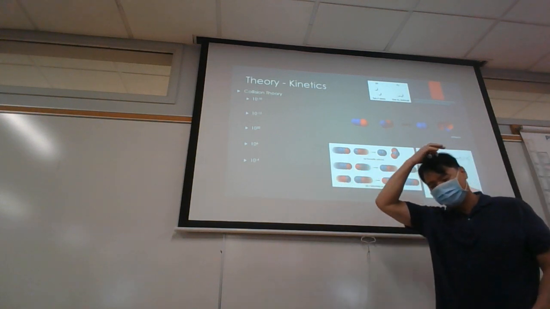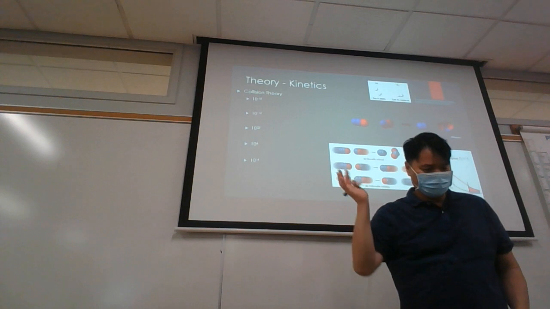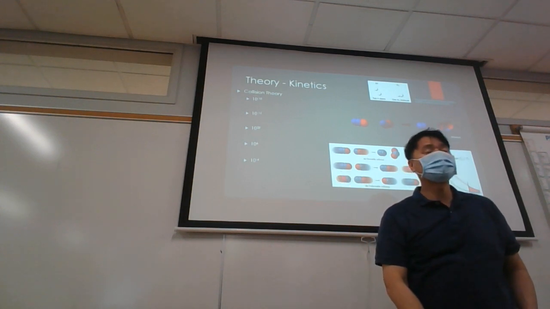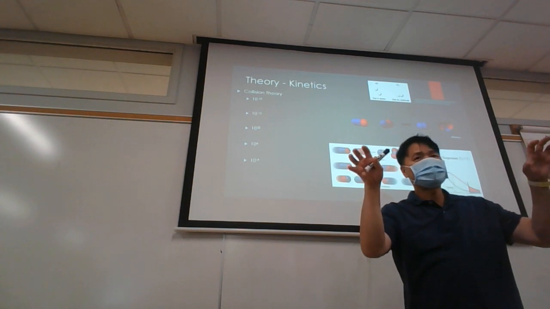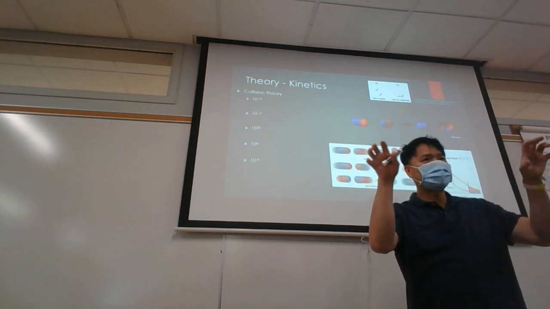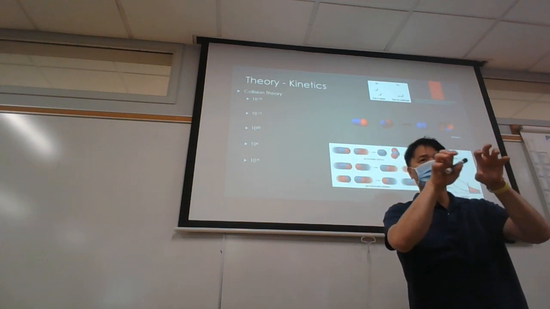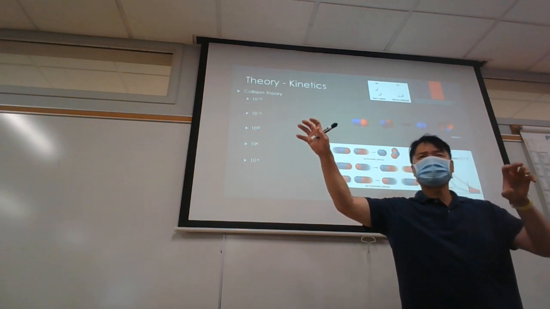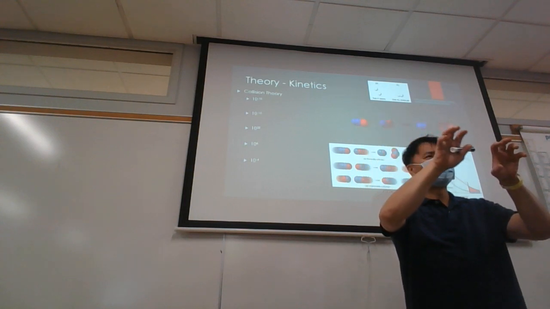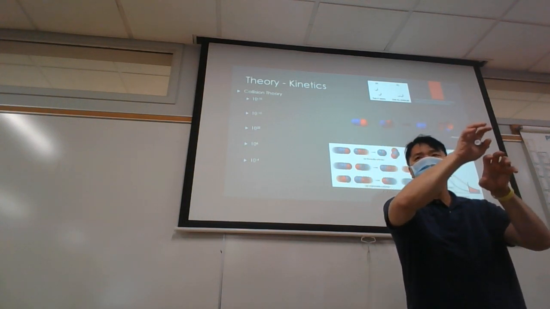Some of these other numbers, and you don't need to know them, refer to things like what is the average distance traveled, let's say in meters, before things collide. And so let's track a molecule. If you track a molecule, how far does it travel typically before it hits something?